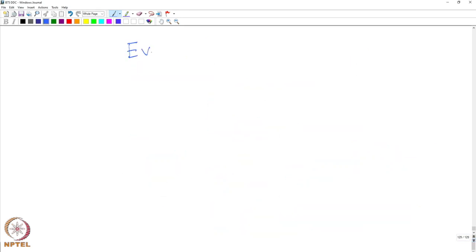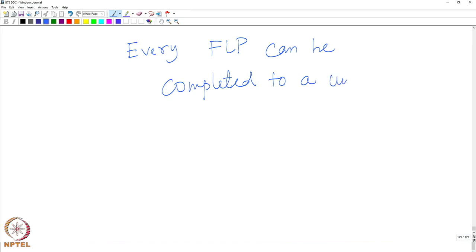Every factor left prime matrix can be completed to a unimodular matrix, and once you complete to a unimodular matrix by adding extra rows, then getting an arbitrary polynomial is very simple.